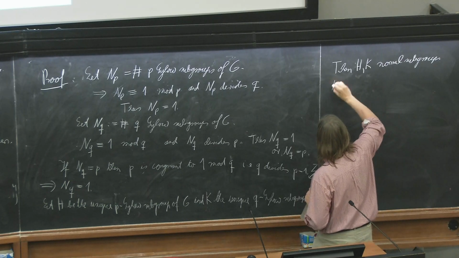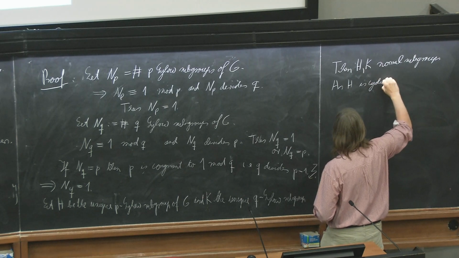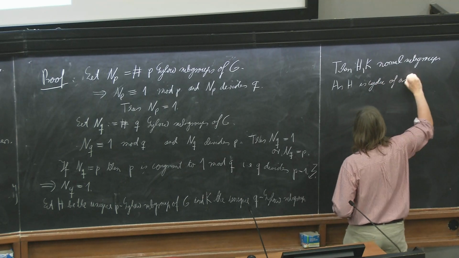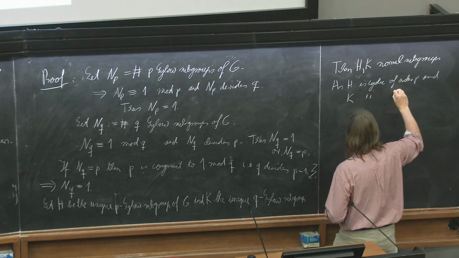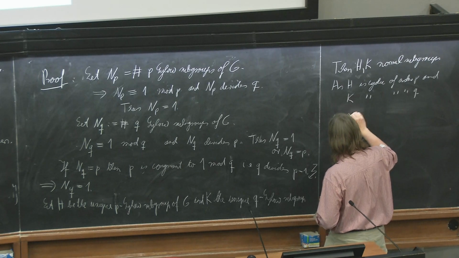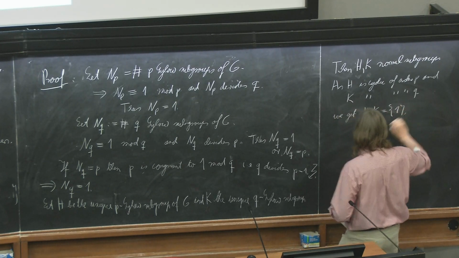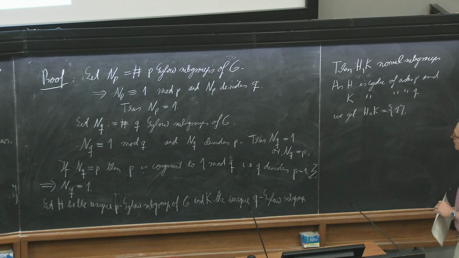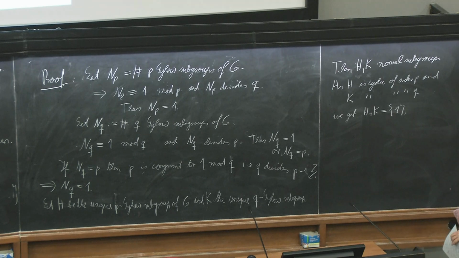So as H is cyclic of order P and K is cyclic of order Q, we get that H intersected K must consist only of the neutral element, and the product of the numbers of elements is the order of the group.